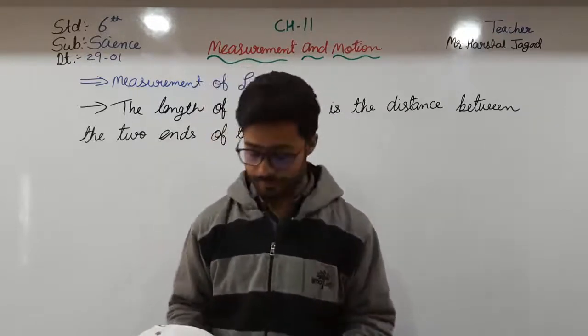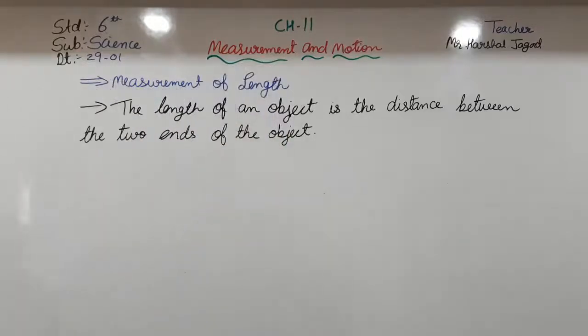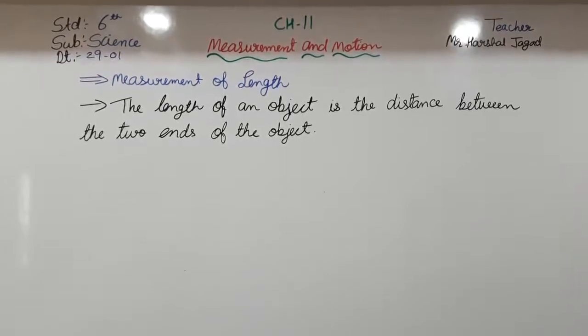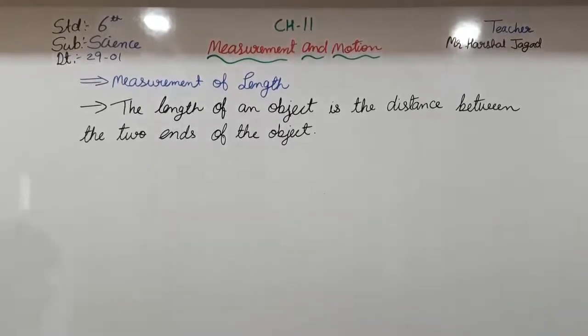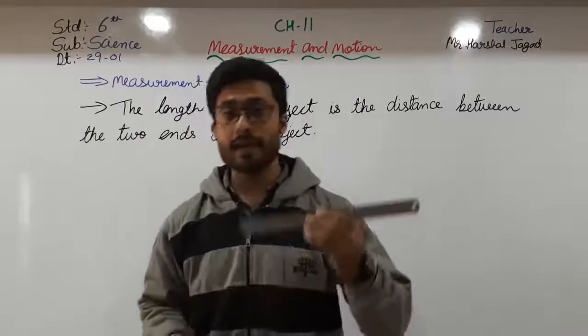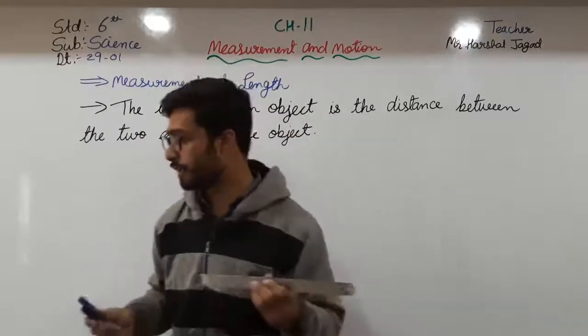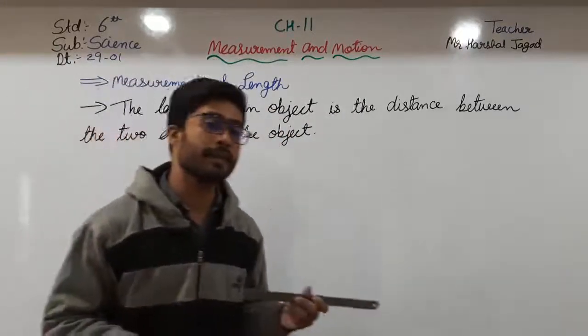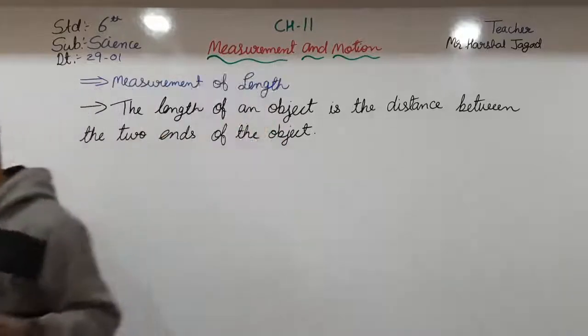Okay, students, so first of all, let me just take a scale. Here you can see a ruler is with me. Here I want to show some of the precautions while measuring anything.